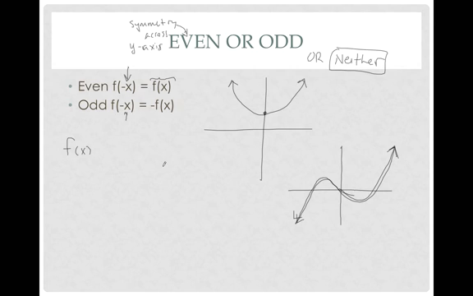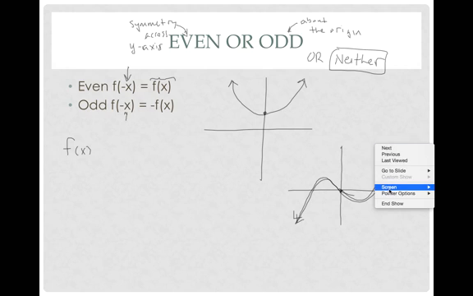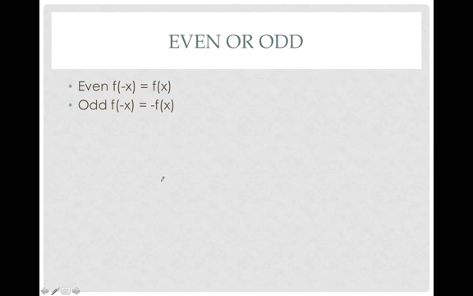You can rotate your phone, rotate your computer, whatever you're watching this on, and notice that the rotation around the origin, so this is symmetry about the origin. It's a rotational symmetry. So let's take a look at what we would do to figure out whether or not a function is even, odd, or neither.